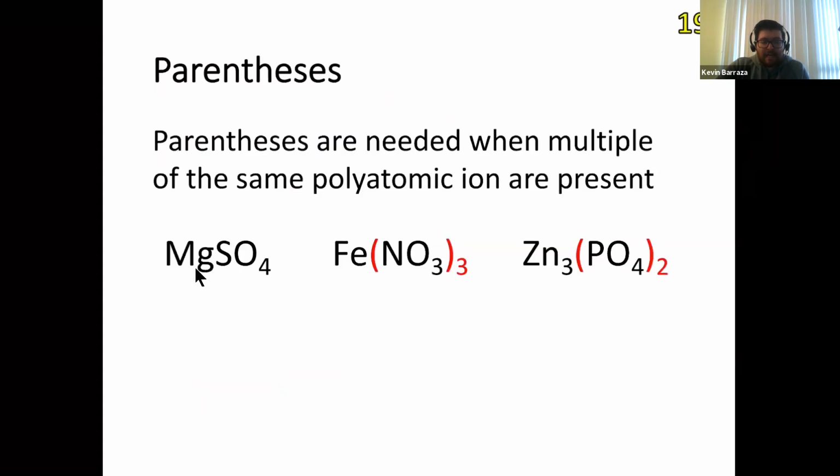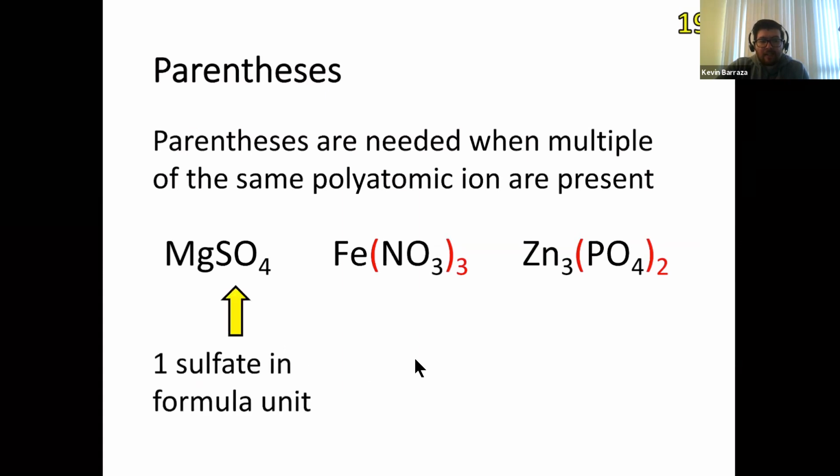So we have magnesium, and then I say, oh, I see the pattern here. This is magnesium sulfate. It's indicating that there's a magnesium ion, and then we want to recognize there is one sulfate unit there. Not individual S's and O's, it's a sulfate.